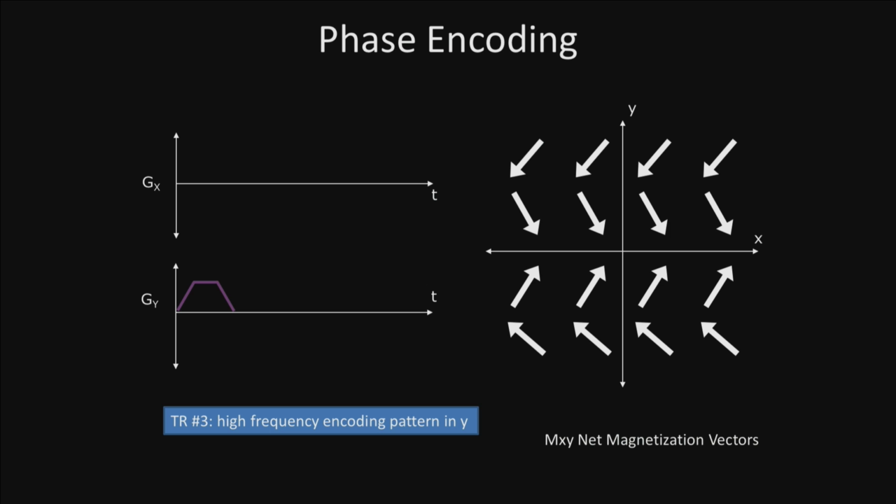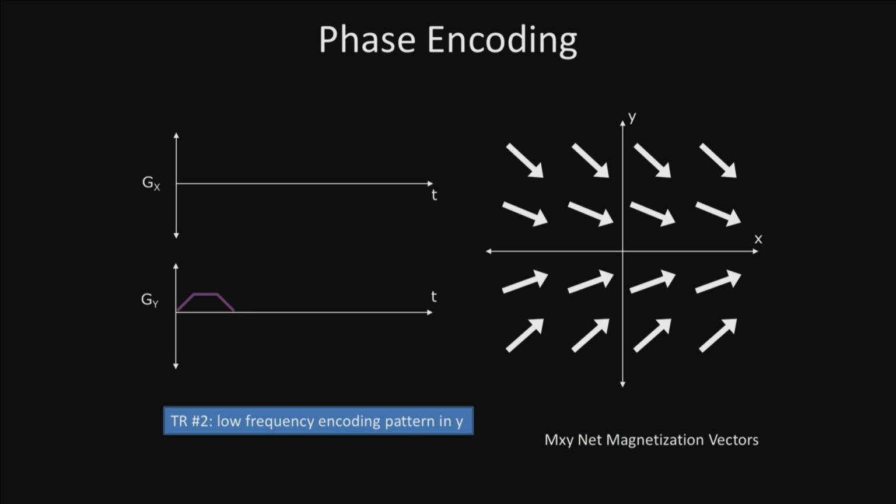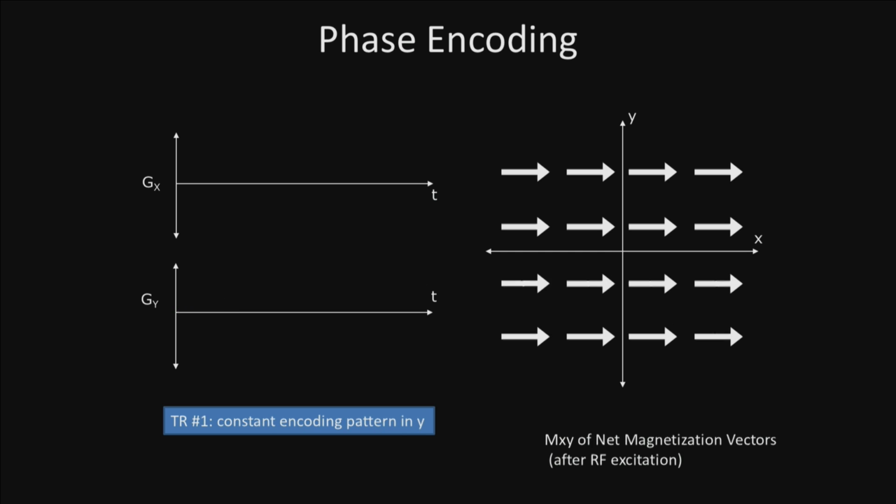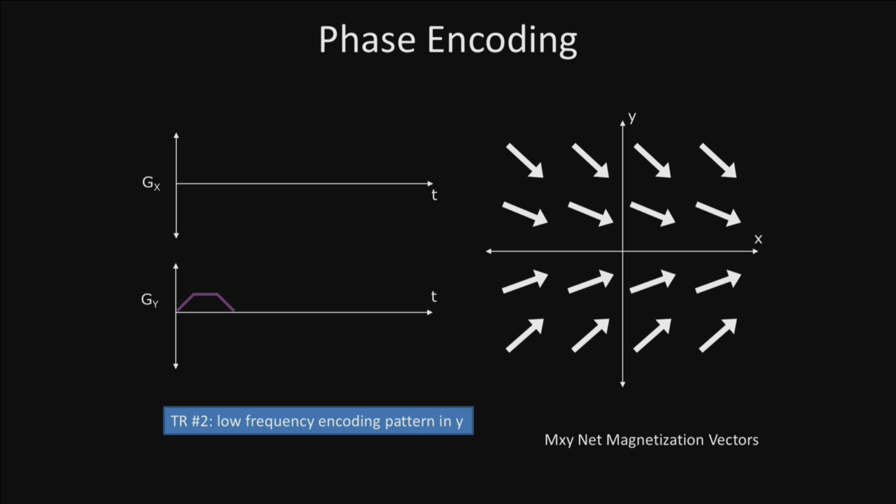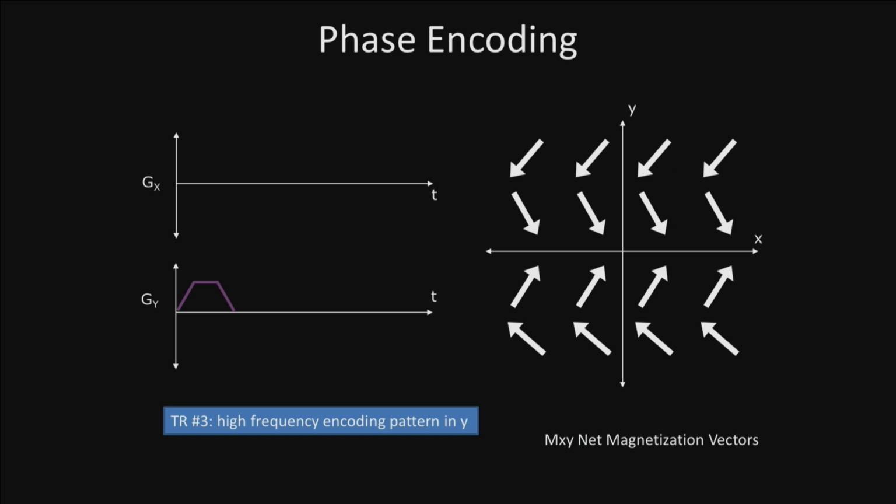And as we increase the amplitude of this gradient pulse, we've allowed for more phase or more precession to occur across the Y dimension. So if we go back to the beginning here, we basically have no phase along this Y direction, little phase, more phase, and we're going to build up a set of these measurements to get our encoding in our second and possibly third spatial dimensions, if we so desire.